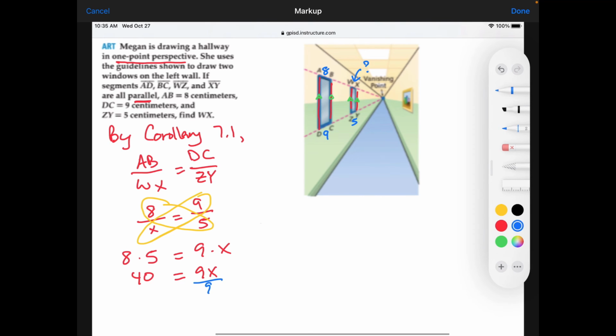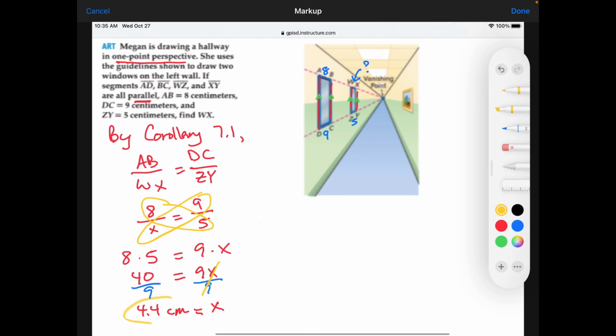If we're going to solve this by hand, we can divide both sides by 9 to get x by itself. This reduces to 1, and 40 divided by 9 gives me 4.4, and this is in centimeters, so we're going to put centimeters, and that leaves me with x.